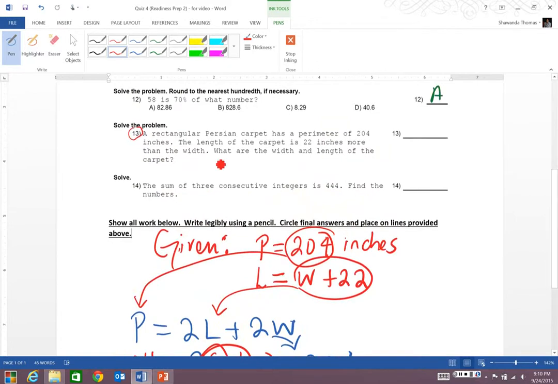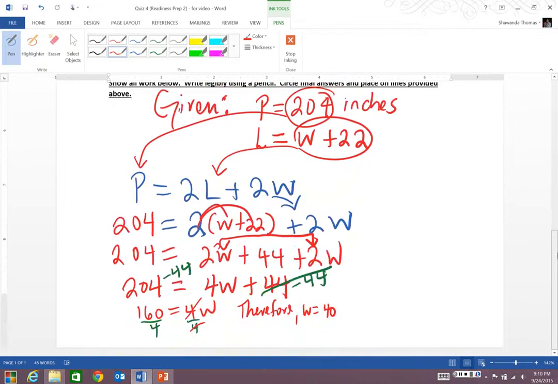The question is, what are the width and length of the carpet? Also, it may ask, what are the dimensions of the carpet? If they ask you either one of those questions, they mean find both W and L. So since we only have W, there is more work to be done.